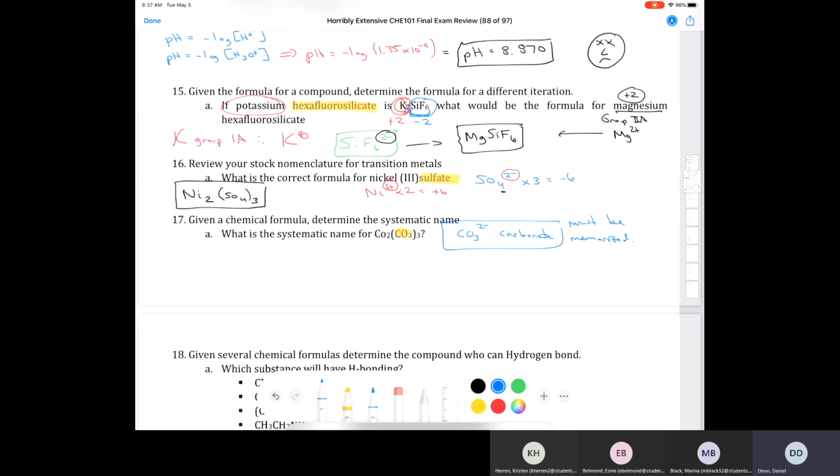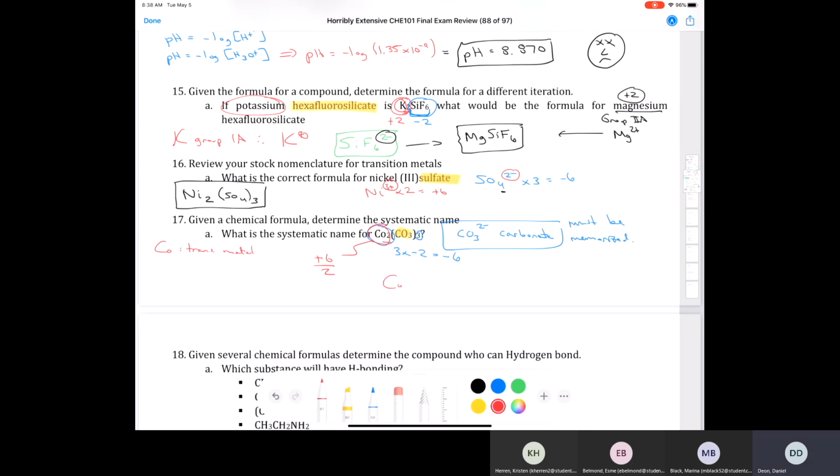So if I have a carbonate and there's 3, so I have 3 times -2, that gives me -6. So that means my cobalt must overall be +6, but there's 2 of them. So +6 divided by 2, that means that each one of these cobalts has a +3 charge, and cobalt is a transition metal. So I will use the stock naming system.